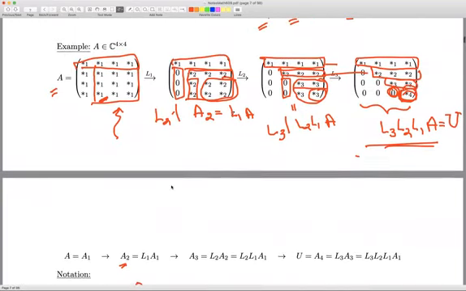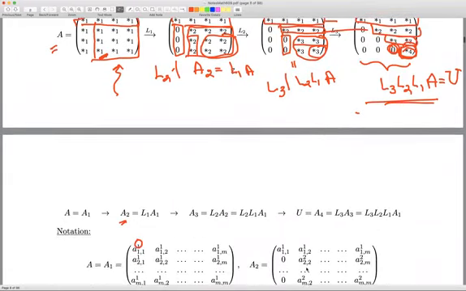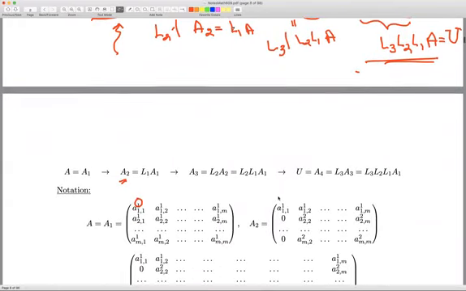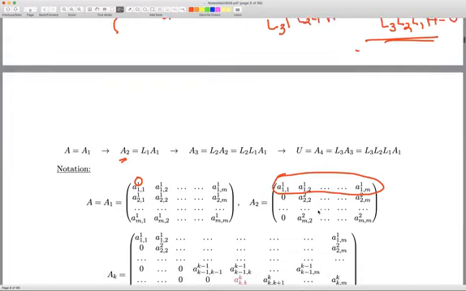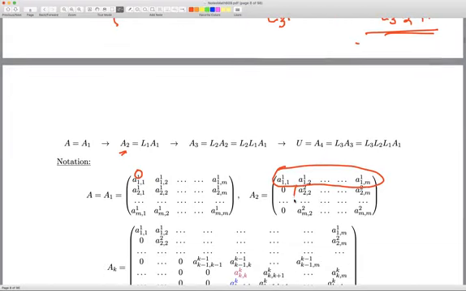So we see that after the first step of the Gauss elimination, the first row is not changed. These entries will be the same as the first row of the original matrix, and the entries that will change are the entries of this submatrix. They will be different from the entries of this submatrix of the original A. And then all the elements below the main diagonal in the first column will be equal to 0.